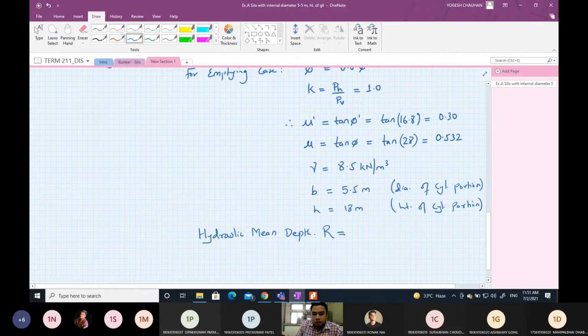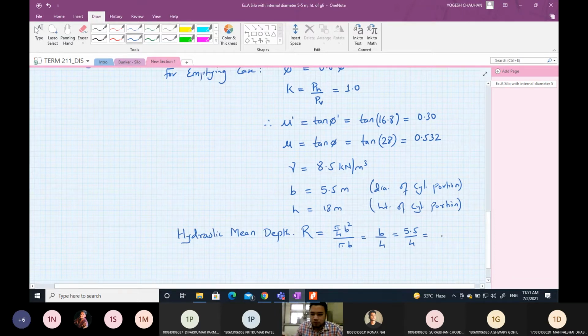That is R, which is equals to pi by 4 into B square divided by pi B. So that will be B by 4, so it will be 5.5 by 4, it will be 1.375.